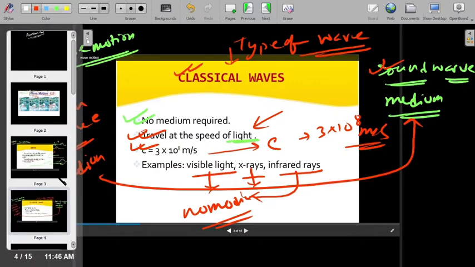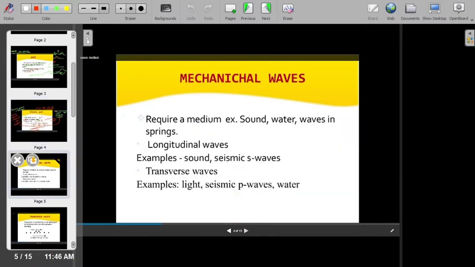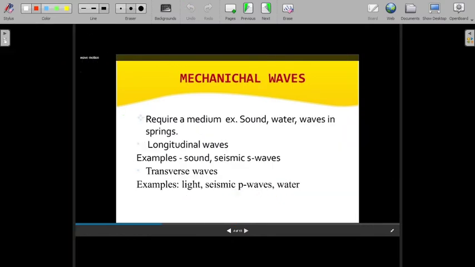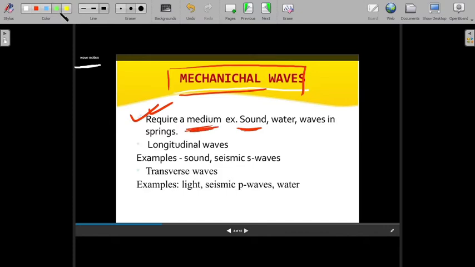Let's move on to the next page, that is mechanical wave. In the wave motion chapter, we discuss these mechanical waves. Just like I gave you the example of sound in the previous slide, they require a medium. Without a medium they will not perform.